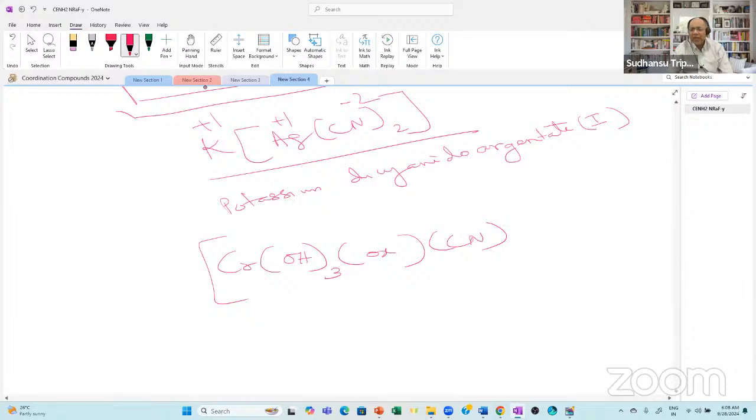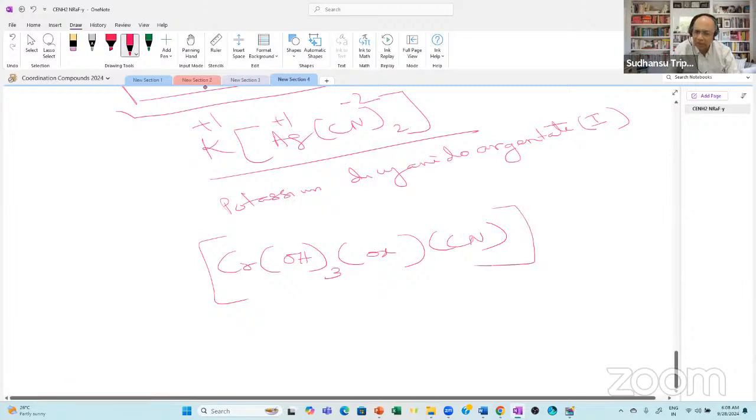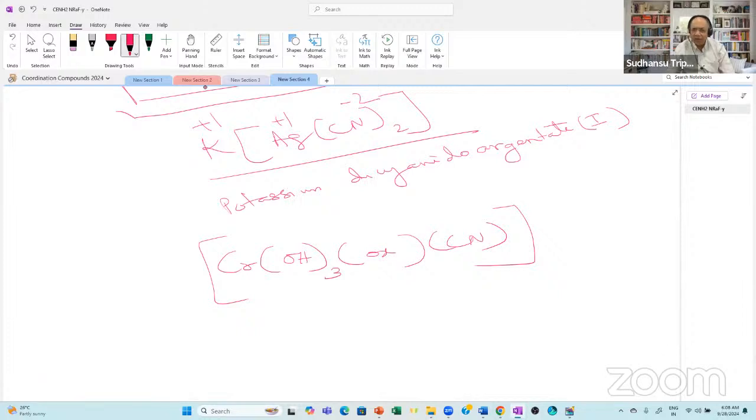I am not putting these ligands in proper order. The actual way of writing the ligands after the central metal ion is the same alphabetical order that you use when writing the name. But the only difference that people do not follow is showing the ligating atom, the donor atom.